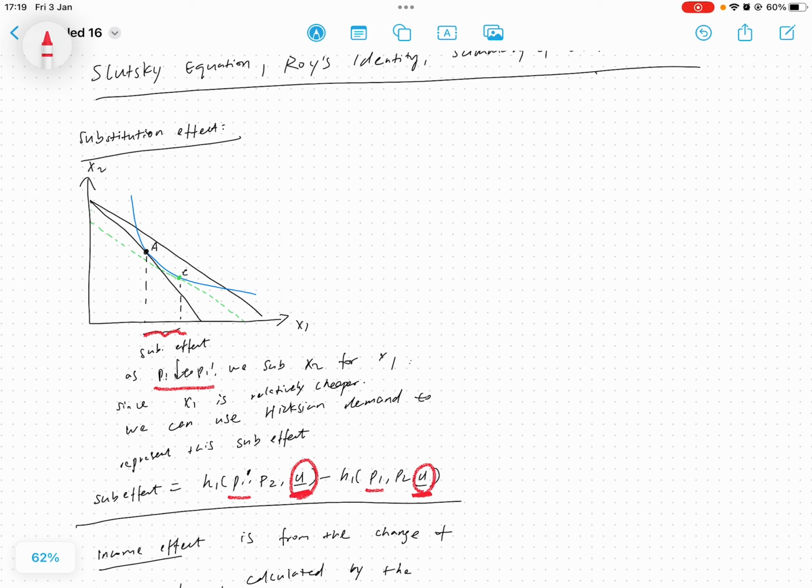So in other words, the Hicksian demand is exactly the representation that we're going to use here to indicate this difference, because that satisfies the requirement that we want to fix this utility level, which is on this blue indifference curve.